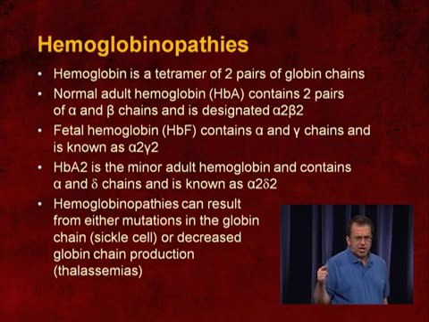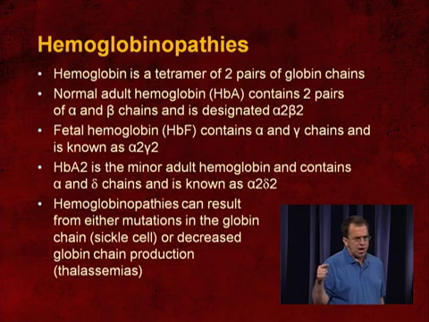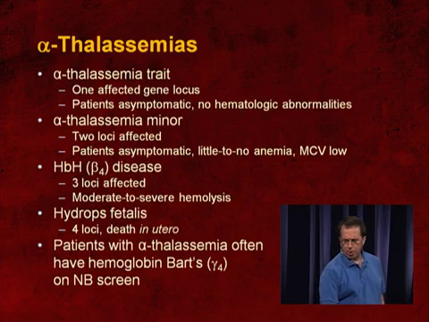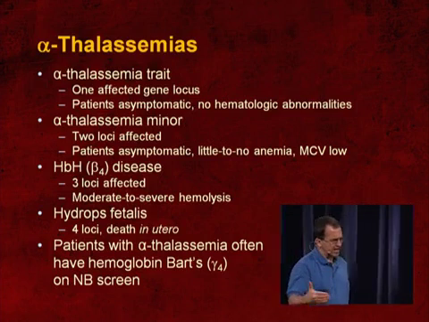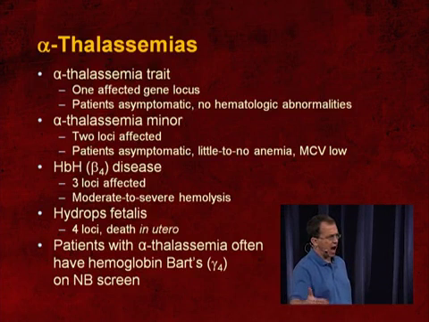And instead of filling in 2 of those alphas, you might end up with 4 gammas, which is hemoglobin Barts. So hemoglobin Barts on a newborn screen is going to be a hint that the patient has alpha thalassemia.